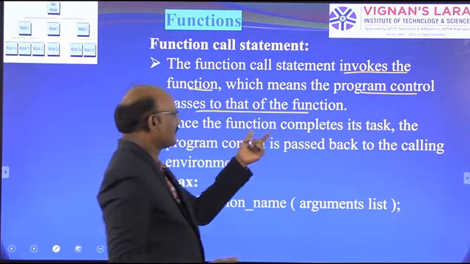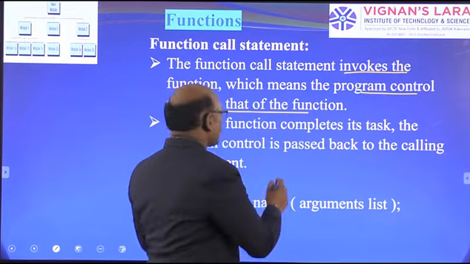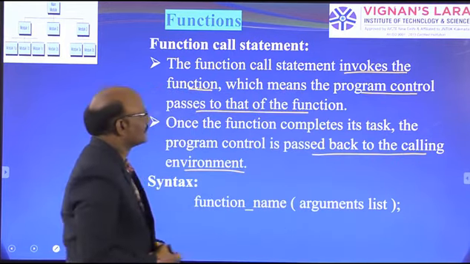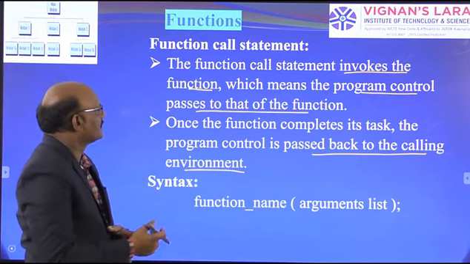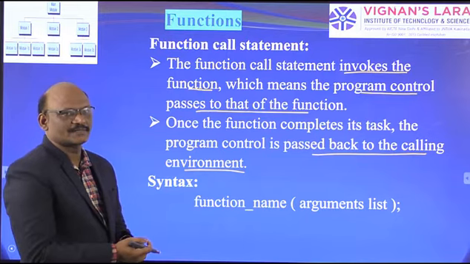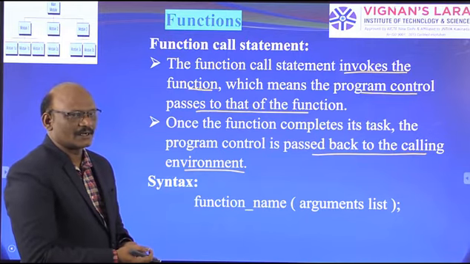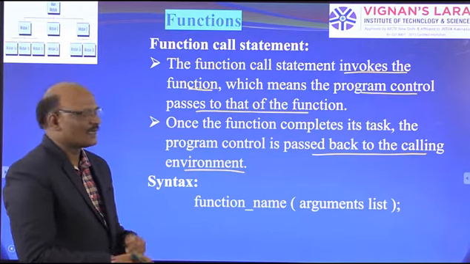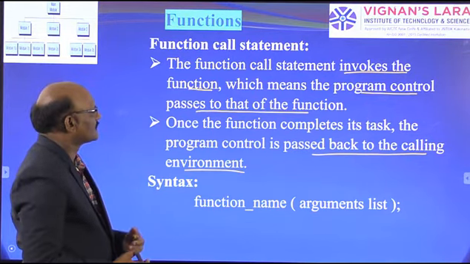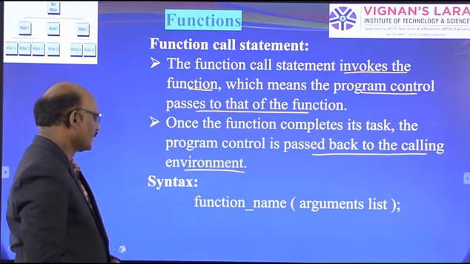Once the function completes its task, the program control is passed back to the calling environment. So whenever the calling statement is invoked, the control is transferred to the called function, the called function is executed, and after that the control is passed back to the calling environment.